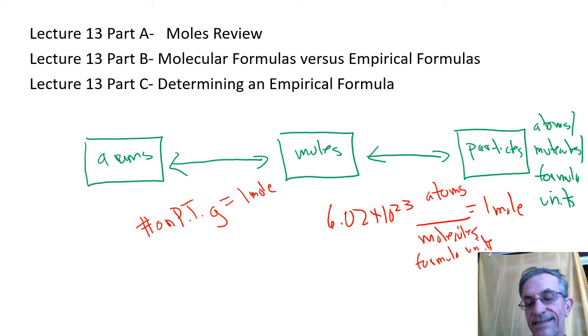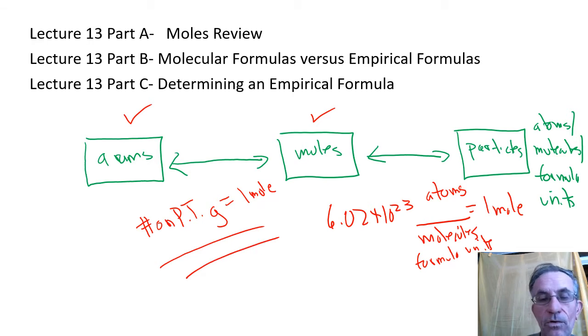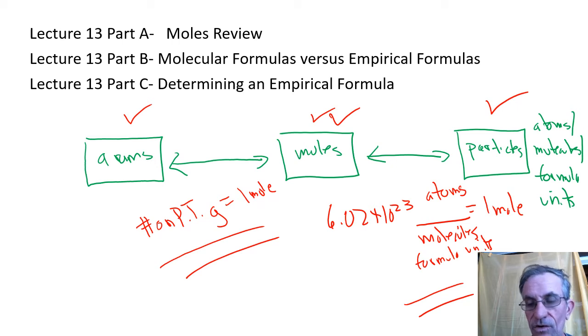So knowing these conversion factors and when to use them, that's really what you got to get used to. So grams and moles, you use the periodic table. Moles and particles, you use Avogadro's number. With that little introduction, we're going to do a few more examples. So let me flip over and we'll get going on one.